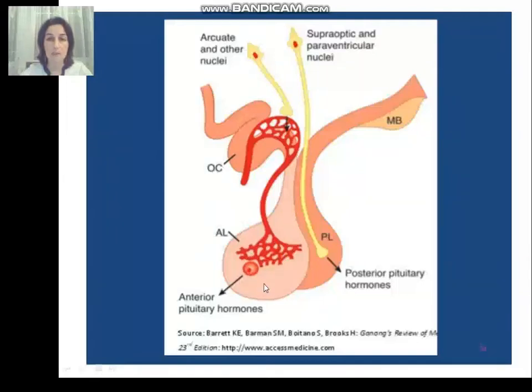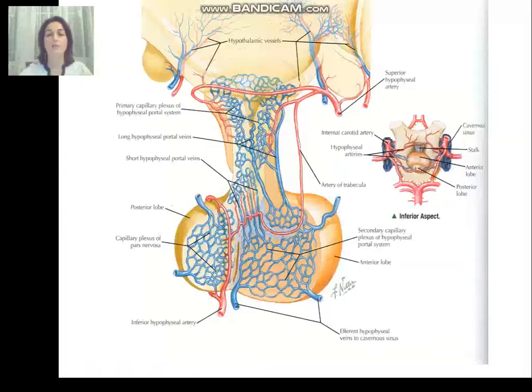So those liberins and statins, or releasing and inhibitory hormones, will stimulate or inhibit the endocrine cells in the adenohypophysis. Then these cells produce their own hormones, which enter the blood circulation through the wall of these capillaries, and via the veins these hormones enter the general blood circulation to reach their targets.